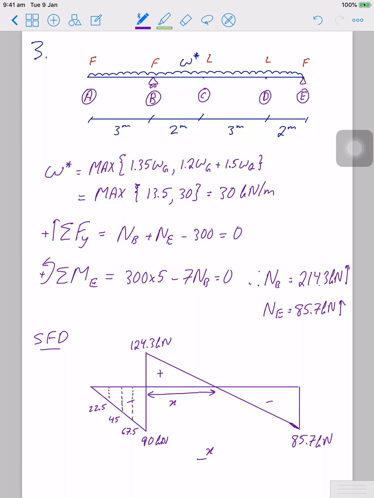So x, using similar triangles, you get 4.14 meters.